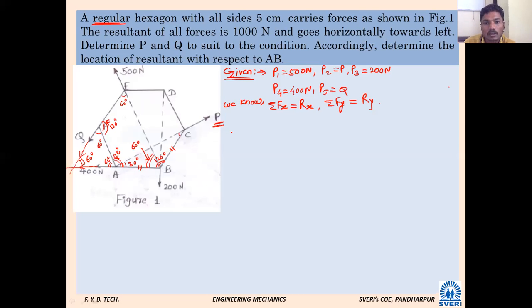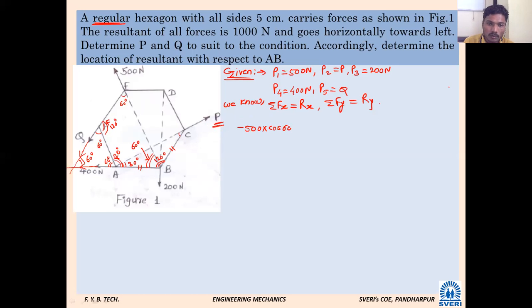Tell me, summation Fx. Force number 1, 500 Newton. What will be its x component? Plus or minus? Minus. Minus 500 into, how much angle has it made with horizontal? 60.